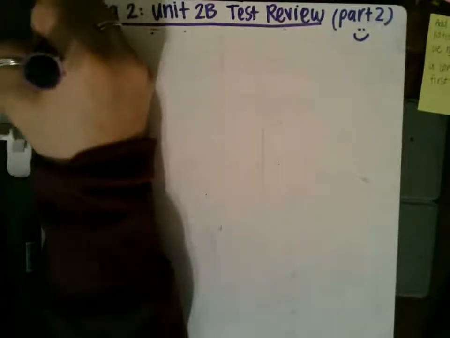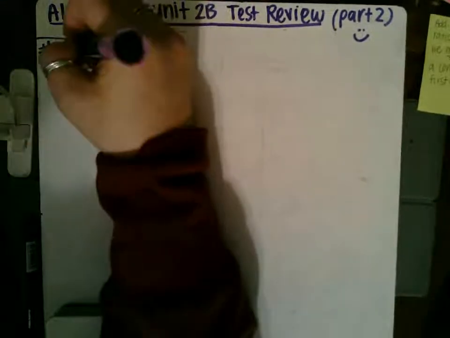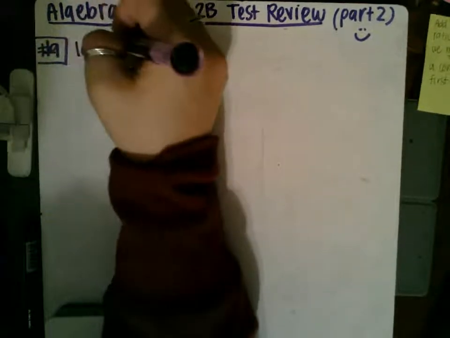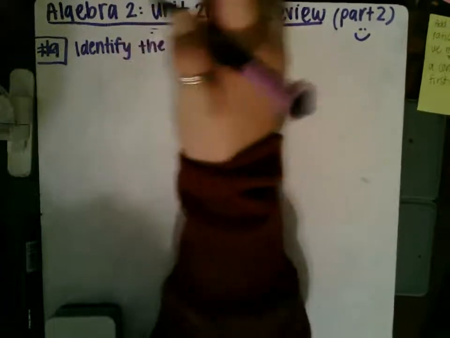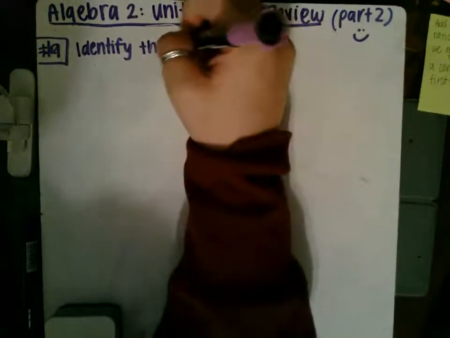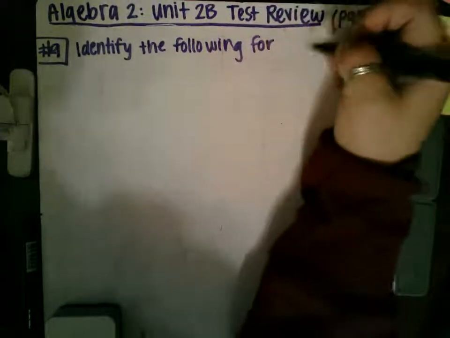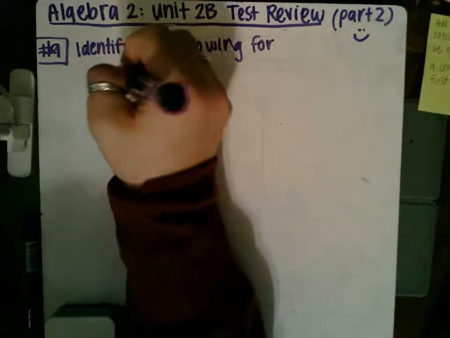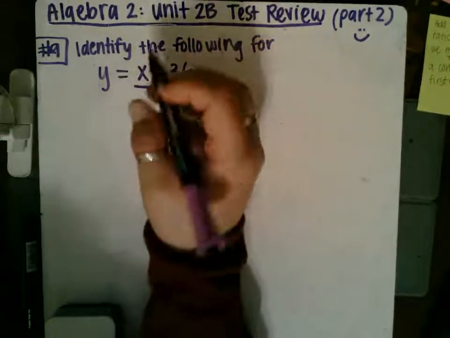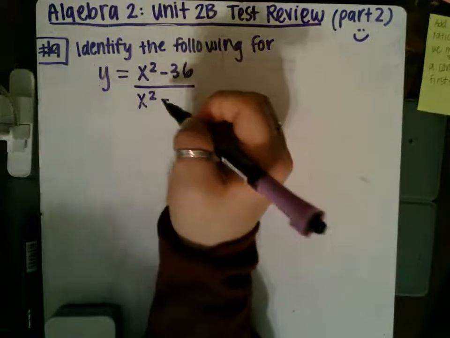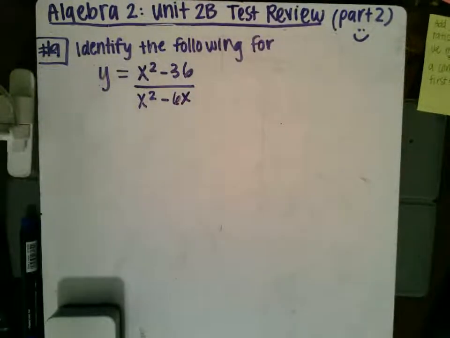Question number 9 of our unit study guide says identify the following for this equation: y equals x squared minus 36 over x squared minus 6x.